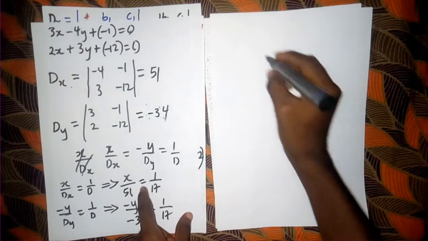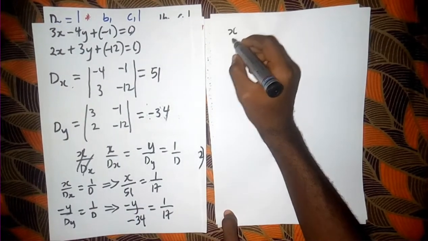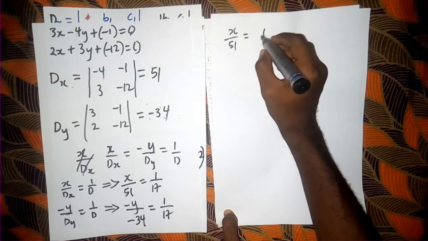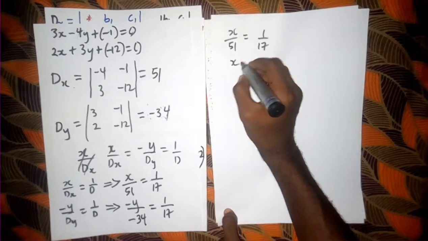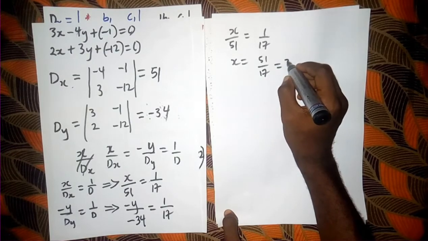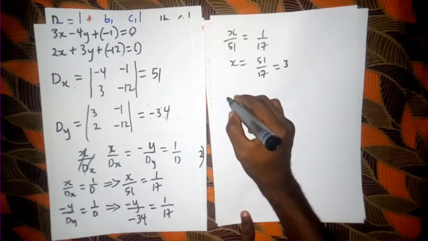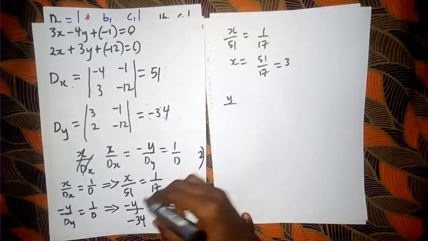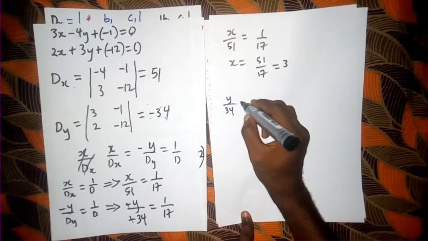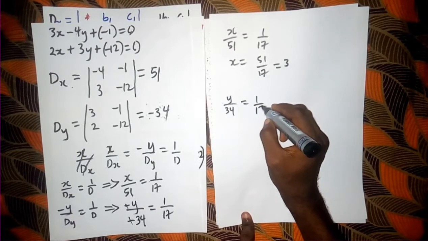If we take this and solve it, we have x over 51 is equal to 1 over 17. So x is equal to 51 over 17, so x is equal to 3. For y, the minus cancels, so we are left with y over 34 equal to 1 over 17.